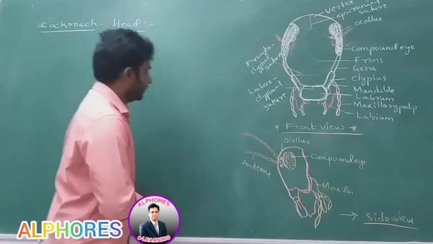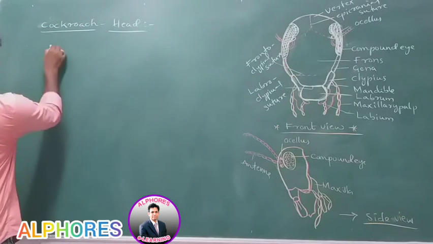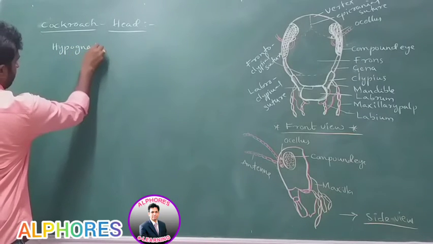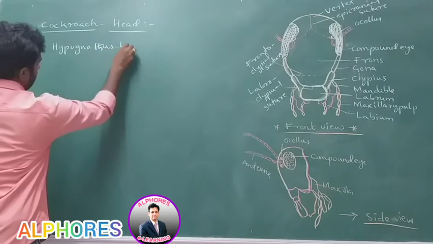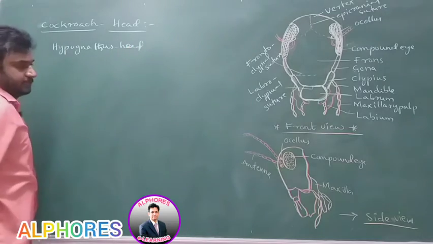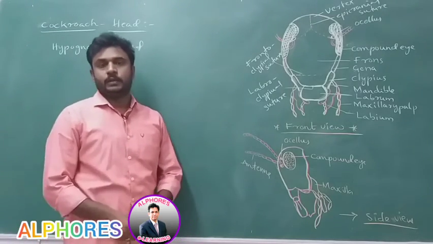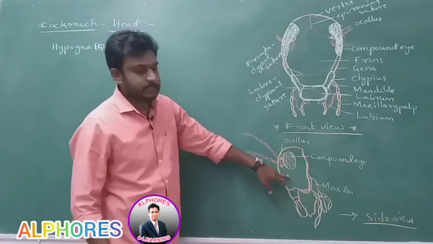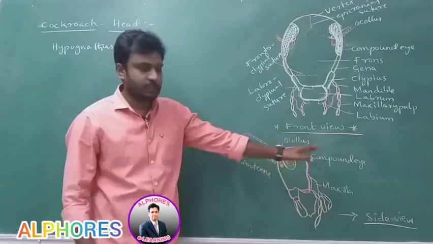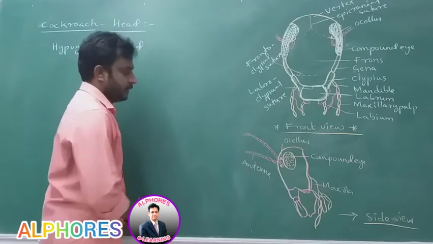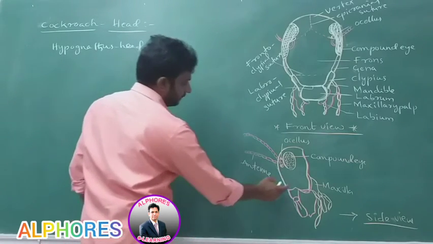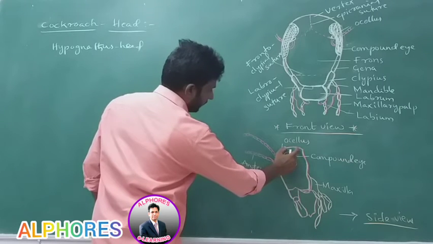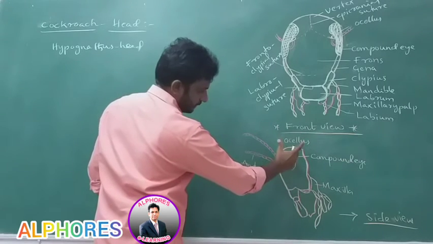The head of the cockroach is called a hypognathous head. It is called hypognathous because the head is attached almost at right angles to the body, with the mouth parts directed downwards and the wider part directed upwards.